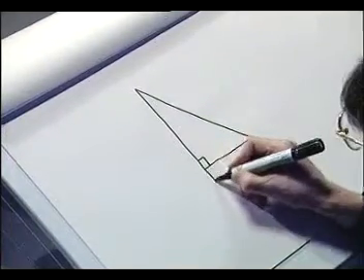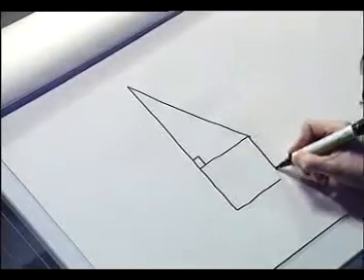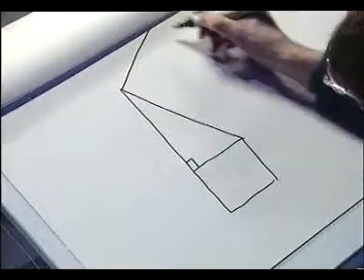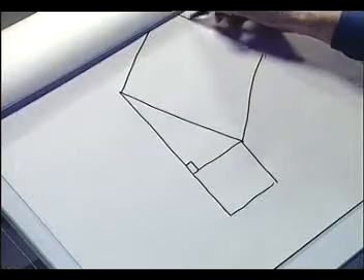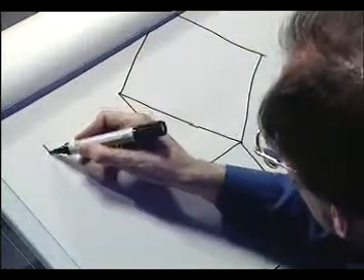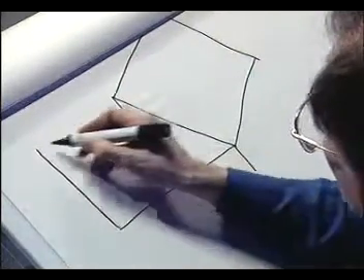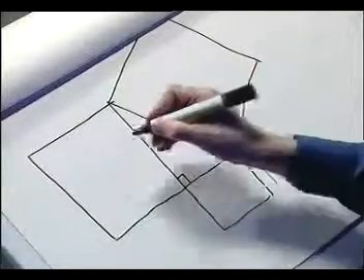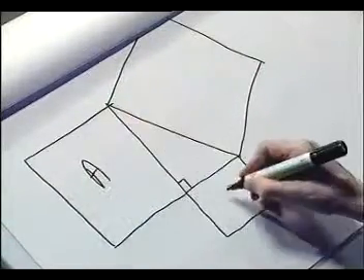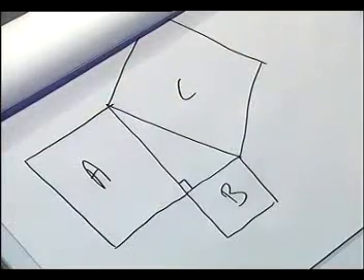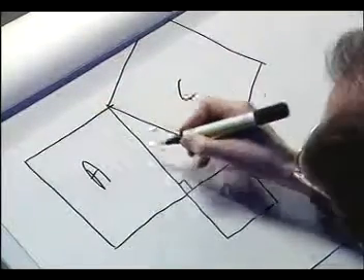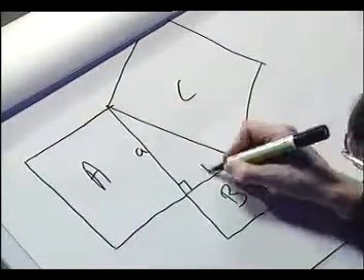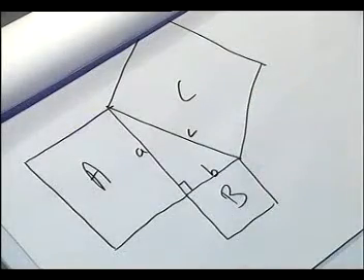We'll put on the squares on the sides. And we'll label these squares A and B and C. And we'll label the lengths of the sides, little a, little b, and little c.